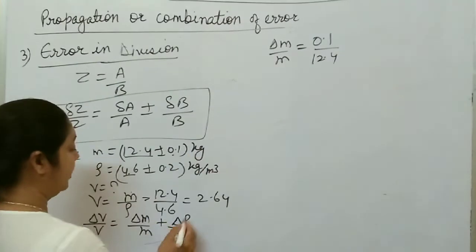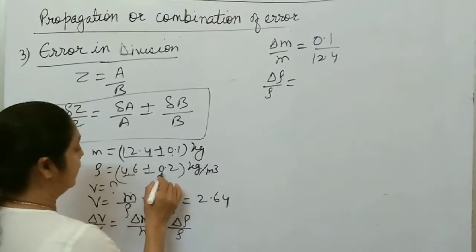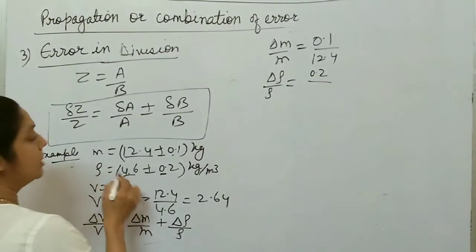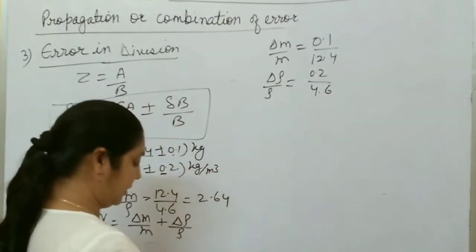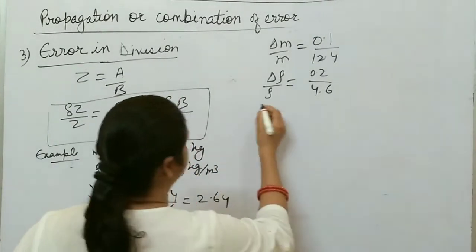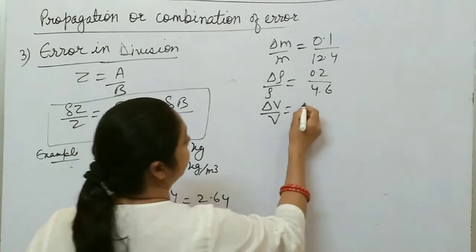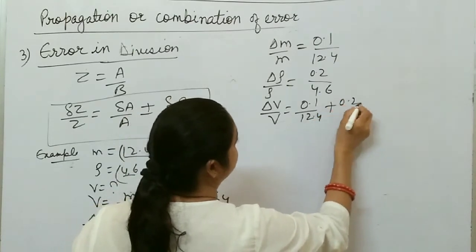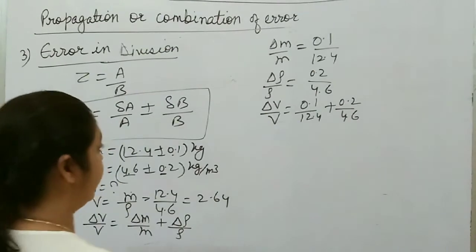In the same way, the relative error in density, delta rho by rho: the absolute error is 0.2 and the true value is 4.6. So you just solve these two. You get the final relative error in volume. You just add these two, 0.1 by 12.4 plus 0.2 by 4.6. You just calculate by yourself, right?